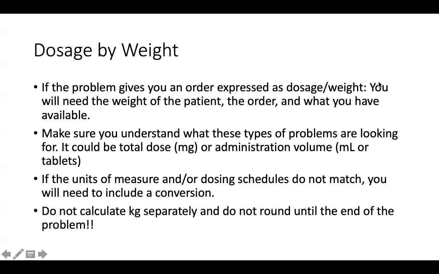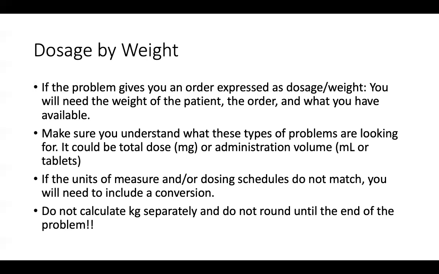Okay, so dosage by weight problems. The problem is going to give you an order that's expressed again as milligrams per kilogram or micrograms per kilogram, something like that. So we're going to need that order, and we're also going to need the weight of the patient, and we're going to need what we have available. In a lot of these problems up until now, we've needed the order and what we have available.